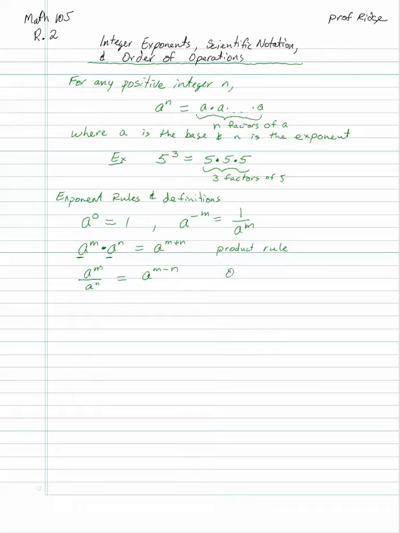So that's the quotient rule. And if we take a power to a power, I'll just number these. Power to a power, so a to the m, to the n. You're just going to multiply the exponents.